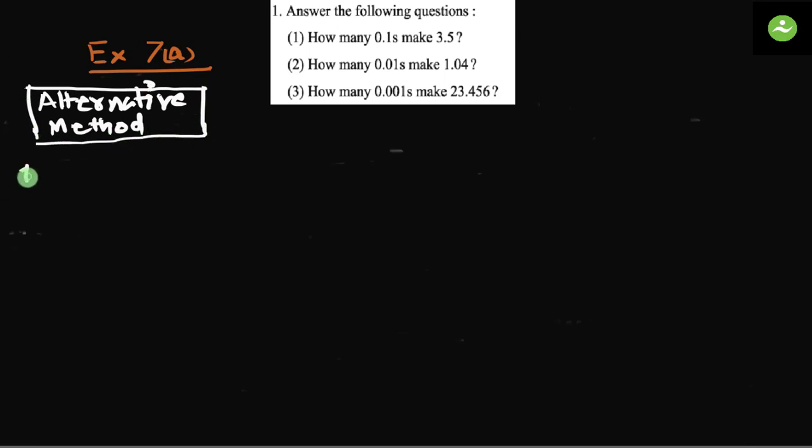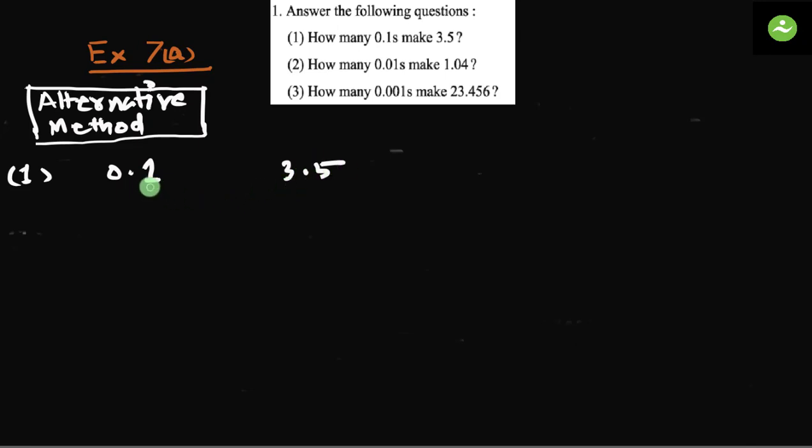First, bracket 1. How many 0.1s make 3.5? There are two numbers, 0.1 and 3.5.